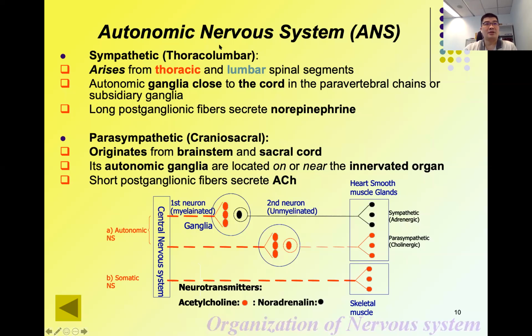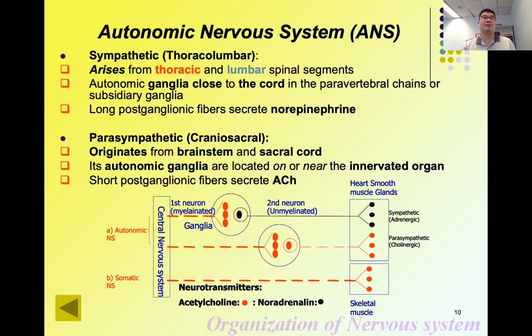Let's go back to the autonomic nervous system. There's the sympathetic, so-called thoracolumbar. Thoracic means the lung part, and the lumbar is right below, a little bit up from the waist.